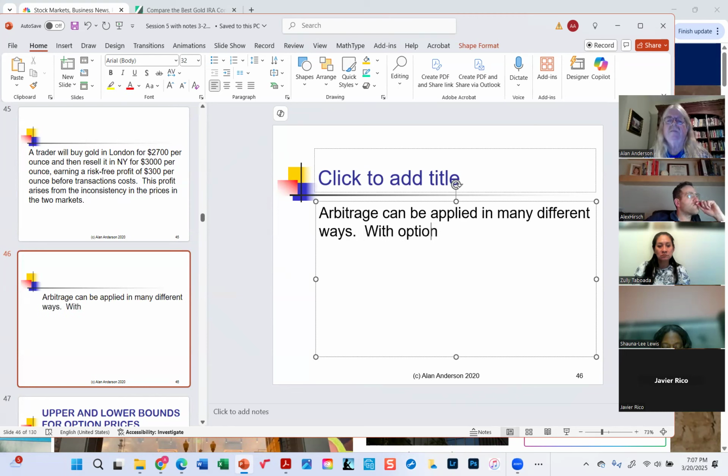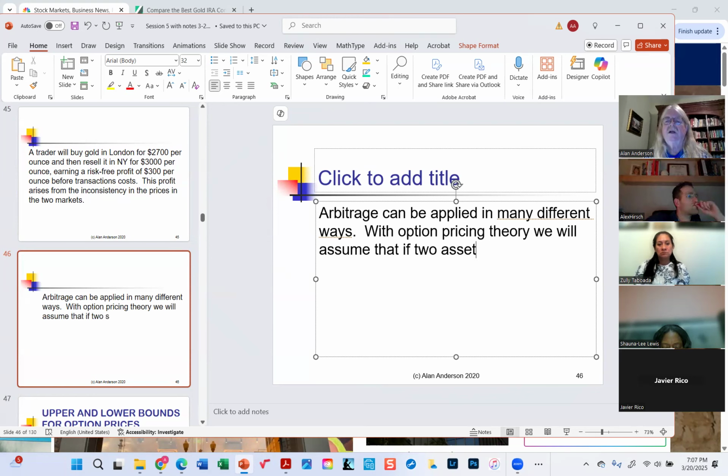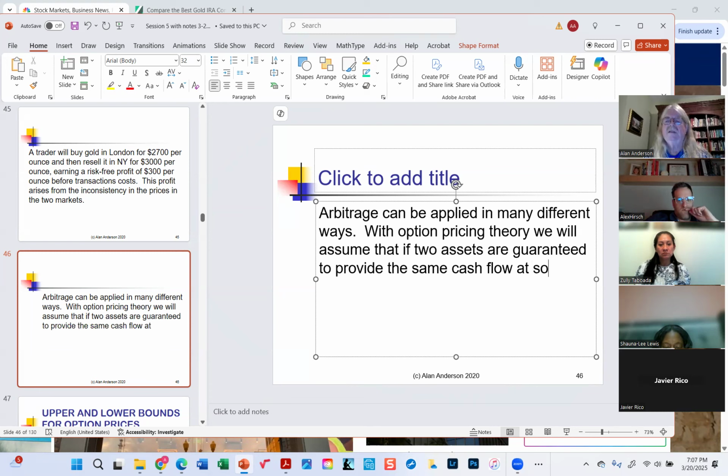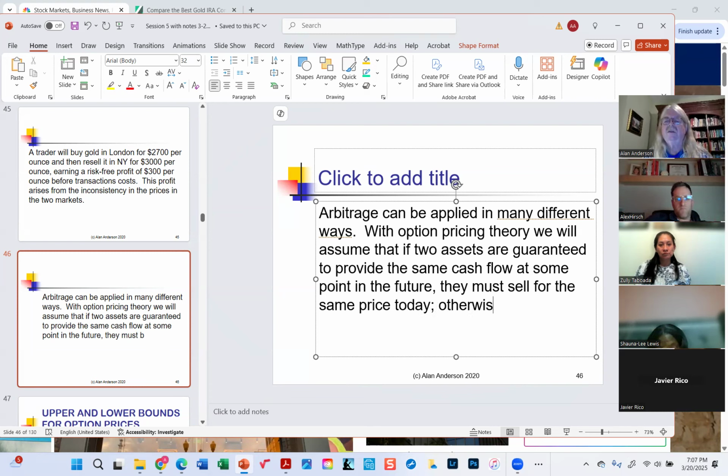With option pricing theory, we will assume that if two assets are guaranteed to provide the same cash flow at some point in the future, they must sell for the same price today. Otherwise, arbitrage will take place.